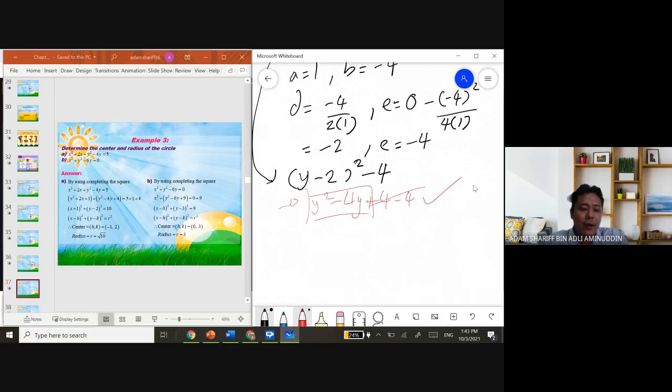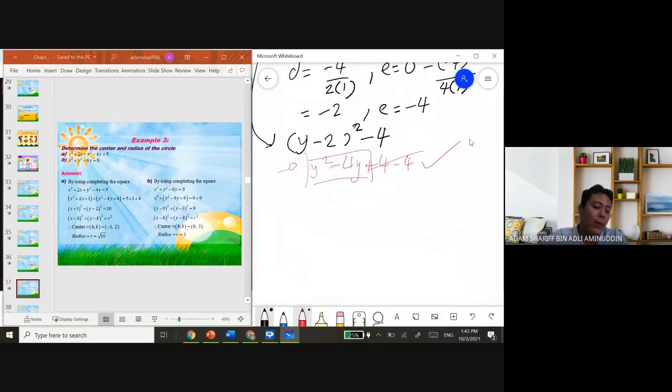After you finish for x and you manage to finish for y, you combine it together, you will get x plus 1 squared minus 1 plus y minus 2 squared minus 4 equals to 5.